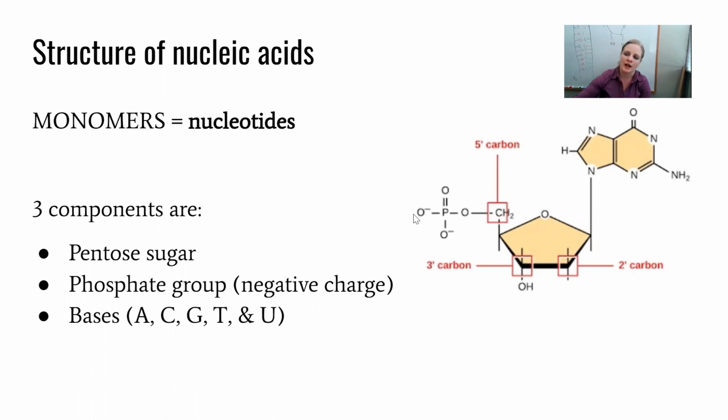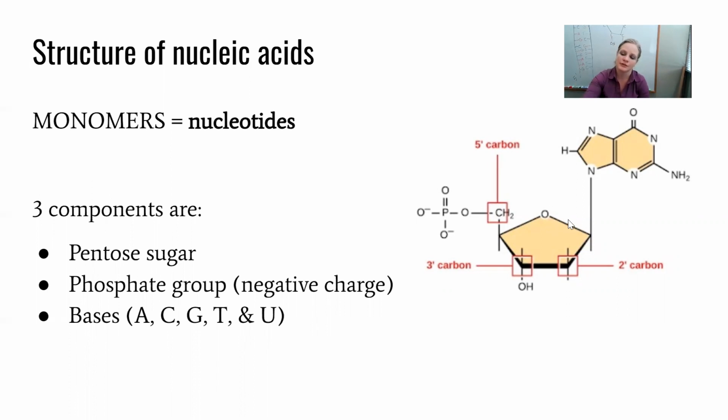It wants to interact with the semi-positive portion of the water molecules. Okay, so we've got sugar, we've got phosphate, and then our last part is our base. This varies depending on the type of nucleotide it is. So here, I think this is either an A or a T. I can't remember, because I don't have all the chemical structures memorized, and therefore I do not expect you to memorize all the chemical structures.